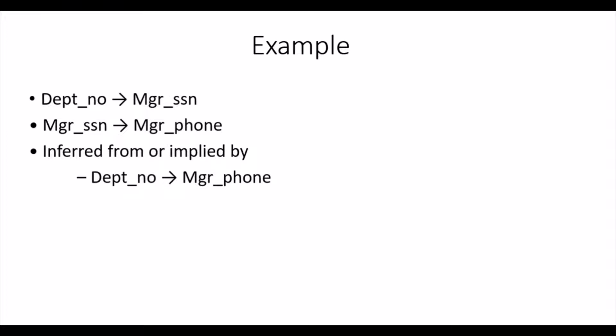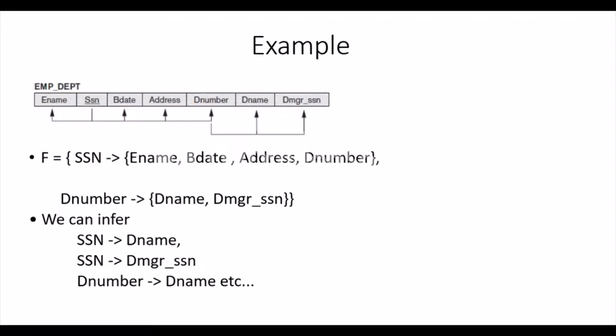Consider another example where we have a relation EMP_DEPT. So we have E name, SSN, B date, address, D number, D name, D manager SSN. All these are the attributes, and we have some functional dependencies written here. That is the set of functional dependencies, that is capital F, which we can say is: SSN, this SSN is the primary key, implies E name, B date, address, D number.